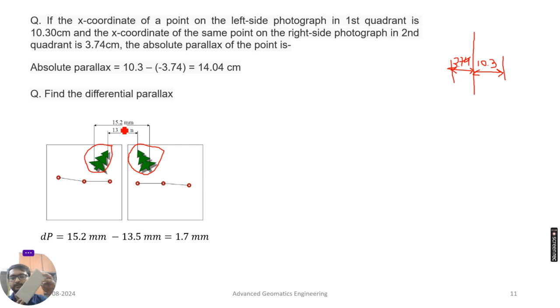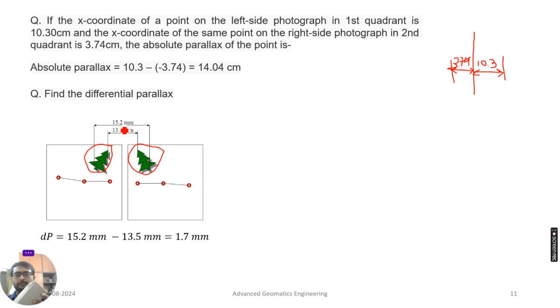When I keep one eye closed and see the top of this box, and then keep my other eye closed and see the top one more time, the absolute parallax for the top point is 13.5 mm, and the absolute parallax for the bottom is 15.2 mm. Is this clear till now?